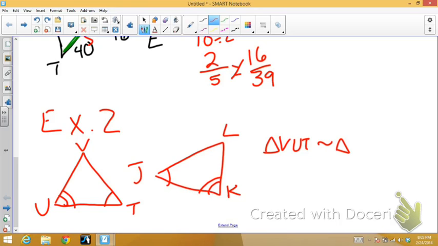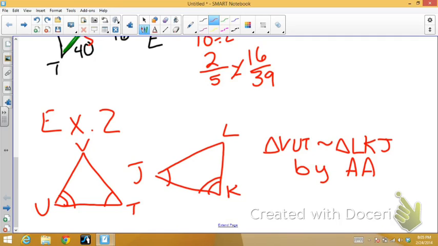So triangle VUT is similar to, and then we have to go in the same order. V had no angle at all here, so we start with L. U had the 2 angle marks, so we'd have to go K, J. And then we have to say why they are similar by angle, angle.